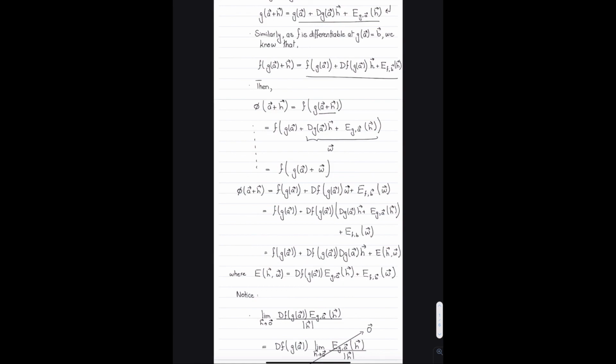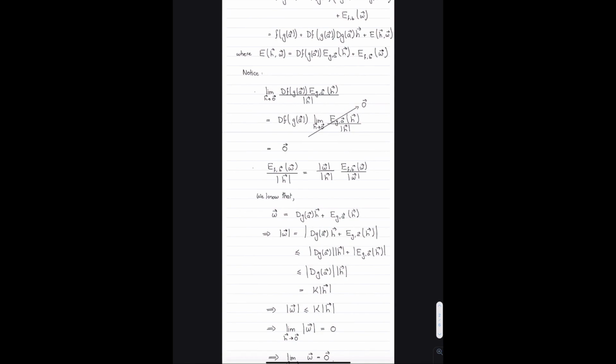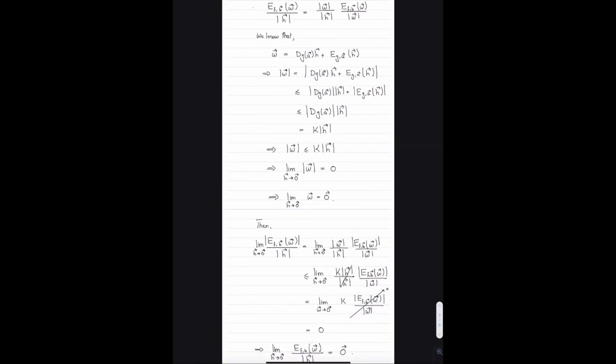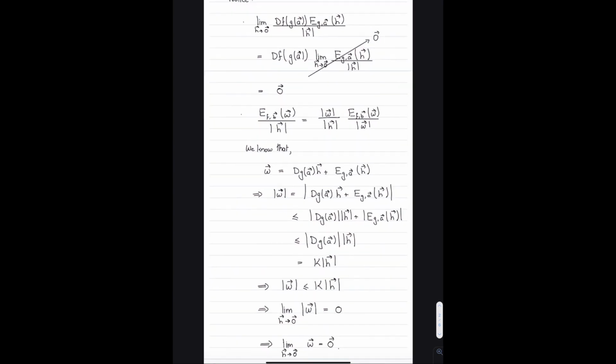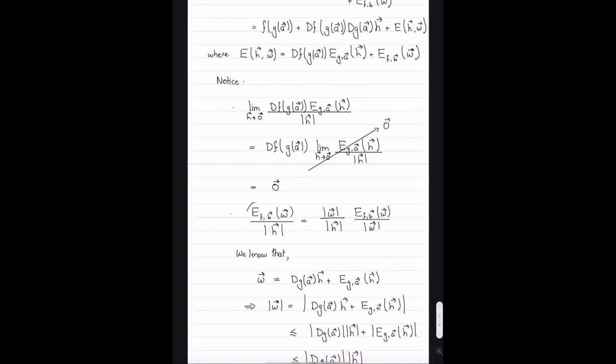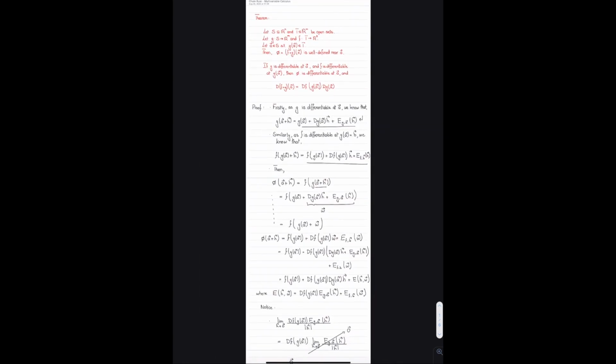As long as you know some basics about how limits work, and you know the basic limit laws, and you're familiar with the definition of differentiation in multivariable calculus, the proof is fairly straightforward, except for maybe proving that the error term, when evaluated at the vector w divided by the norm of h, goes to 0. This one might be a little bit harder than the rest of the proof, and this is probably the only thing that makes the proof a little bit harder. But overall, I would say that the proof is fairly straightforward.